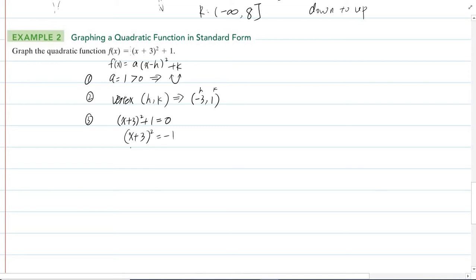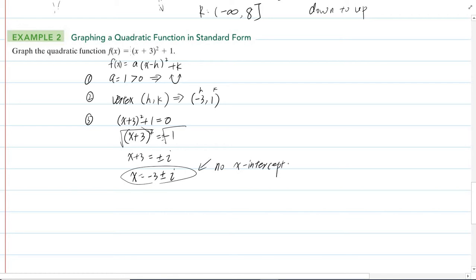When I try to solve this, I take the square root of both sides, positive and negative. Then we're going to have x + 3 = plus or minus i. So x = -3 plus or minus i. Recall, when we have this, that is not a real solution, which means there are no x-intercepts.